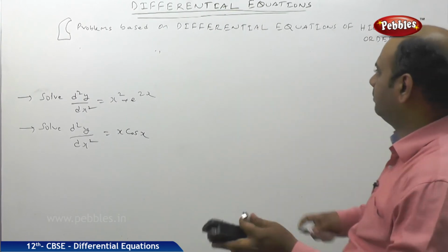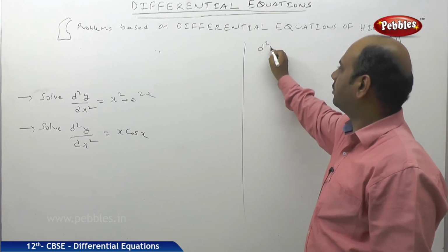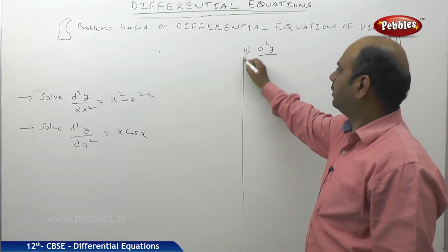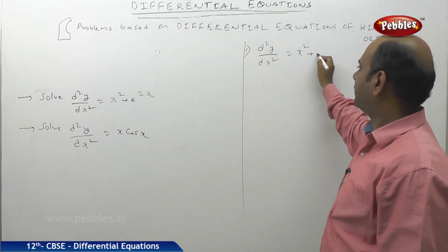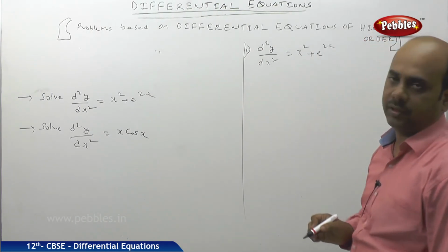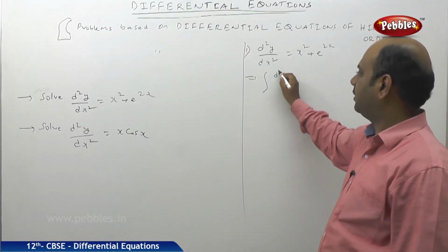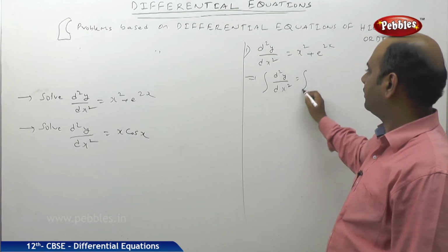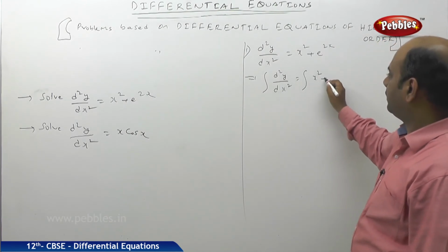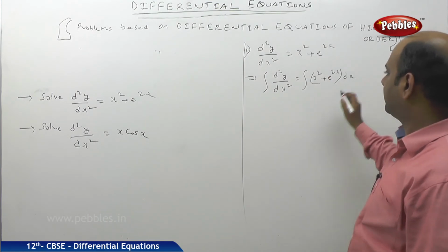in the first problem, the given problem is of order 2. That means d square y by dx square is equal to x square plus e power 2x. So we need to integrate continuously. That means integral of d square y by dx square is equal to integral of x square plus e power 2x dx.